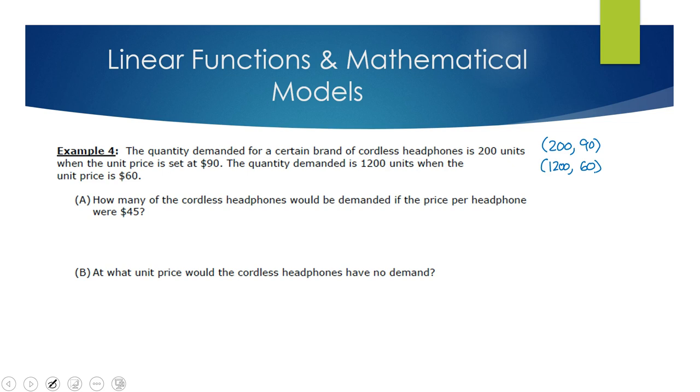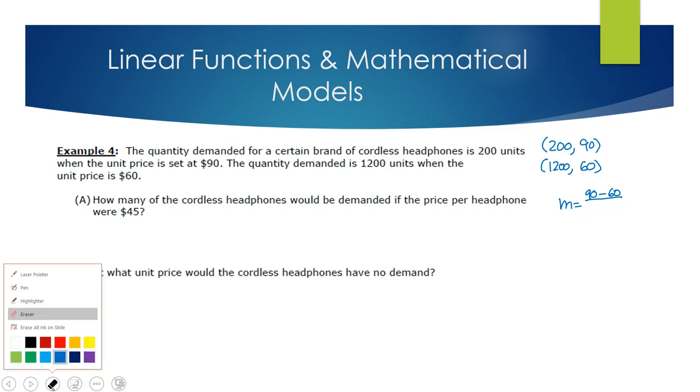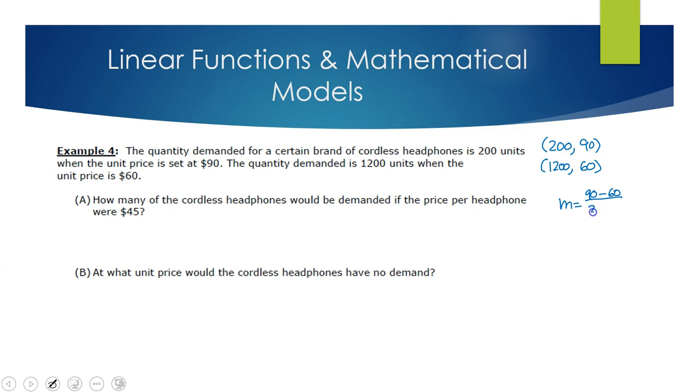Now as we go through this, I'm going to figure out this slope. It is 90 minus 60 over 1,200 minus 200. Oh, sorry, I reversed that. I did the cardinal no. I started with the 90, which means I had to start with the 200.